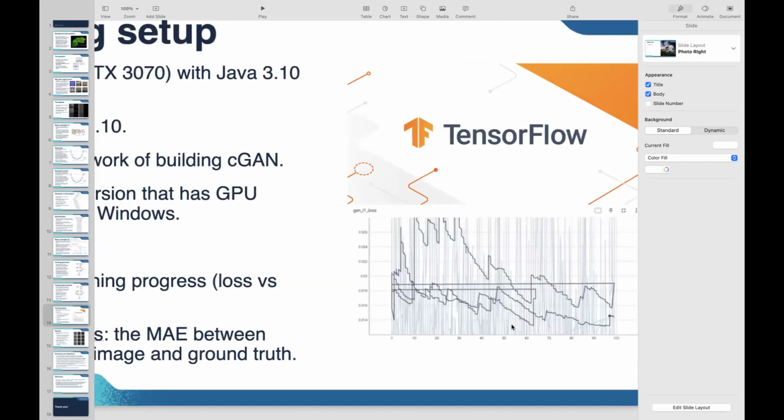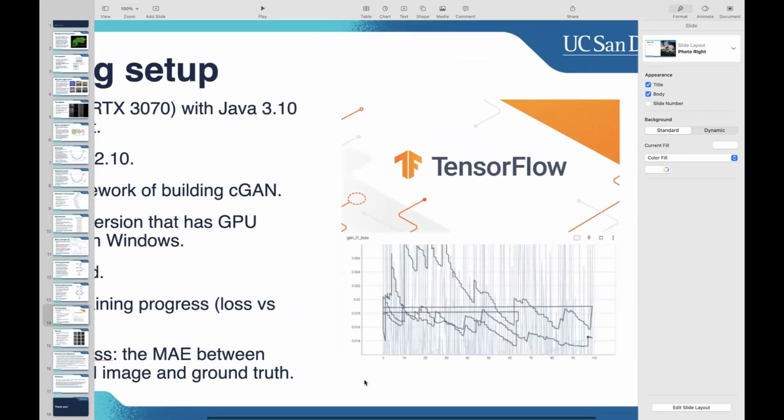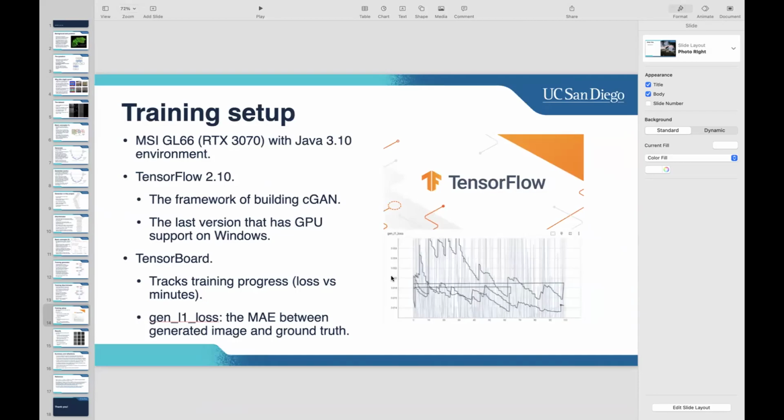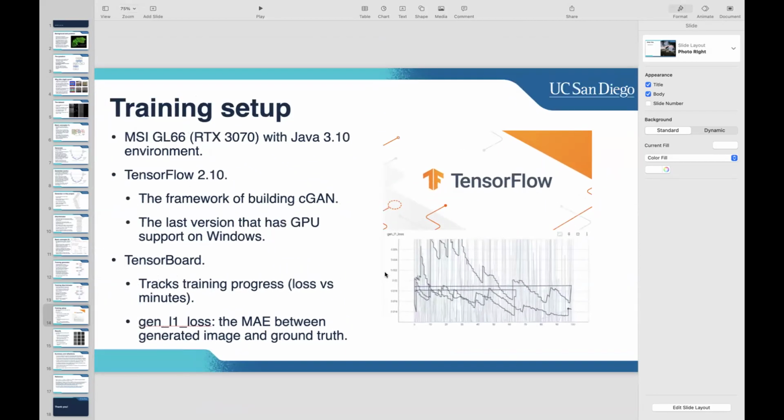In this image, this is the time in minutes. After each 100 minutes, it goes back to 0, so that's why you see these horizontal lines. The vertical axis is Gen L1 loss, which in the code is MAE.